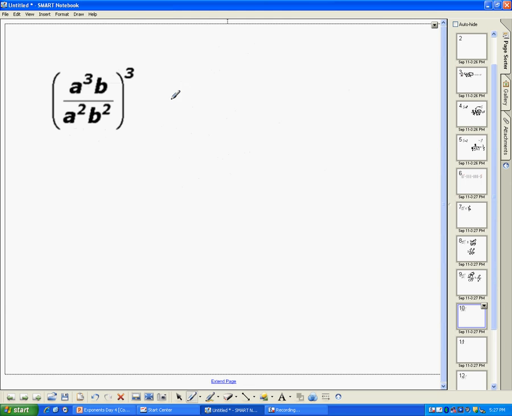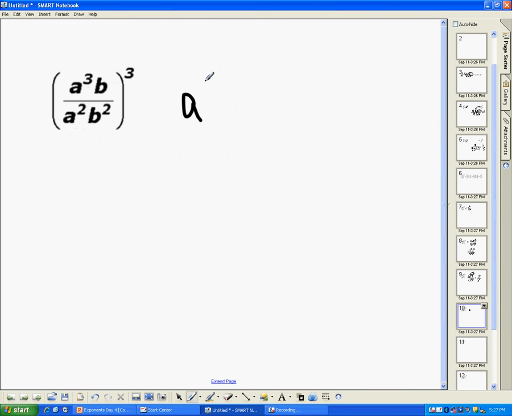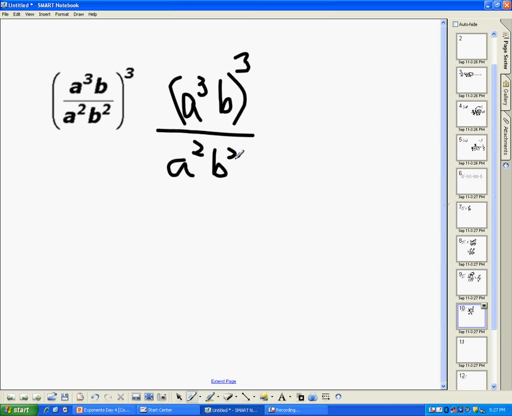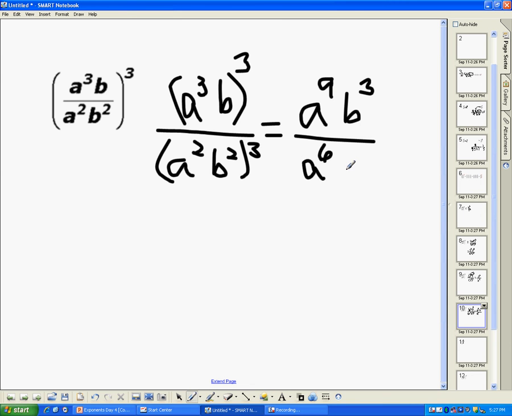This example here is going to be a cubed times b, and all of this is cubed, over a squared b squared, and all of this is cubed. And so this is going to simplify to a to the power of 9 times b cubed over a to the power of 6 times b to the power of 6.